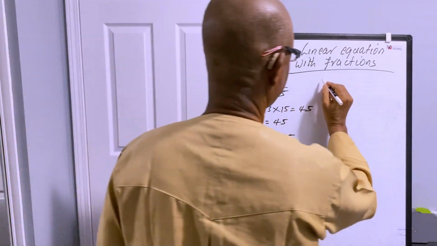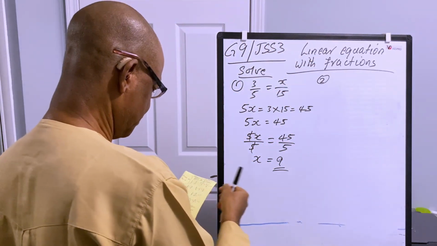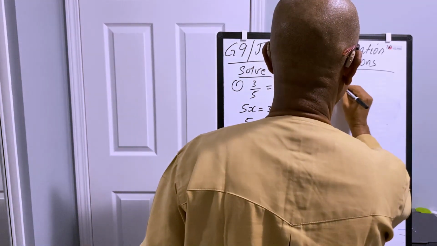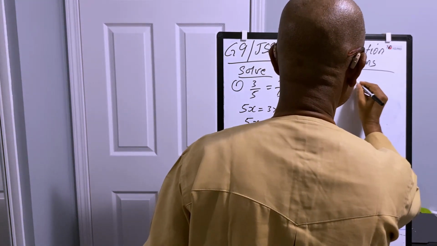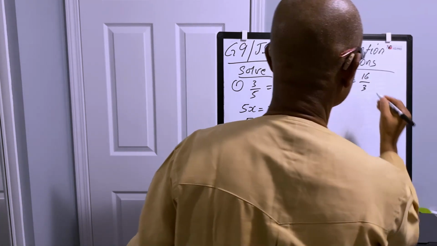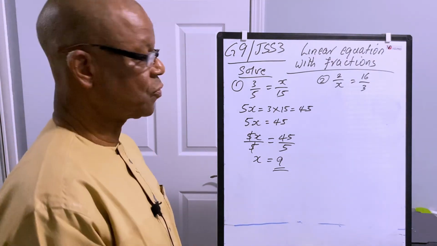Example 2. We have 2 over x equals 16 over 3. 2 over x equals 16 over 3.